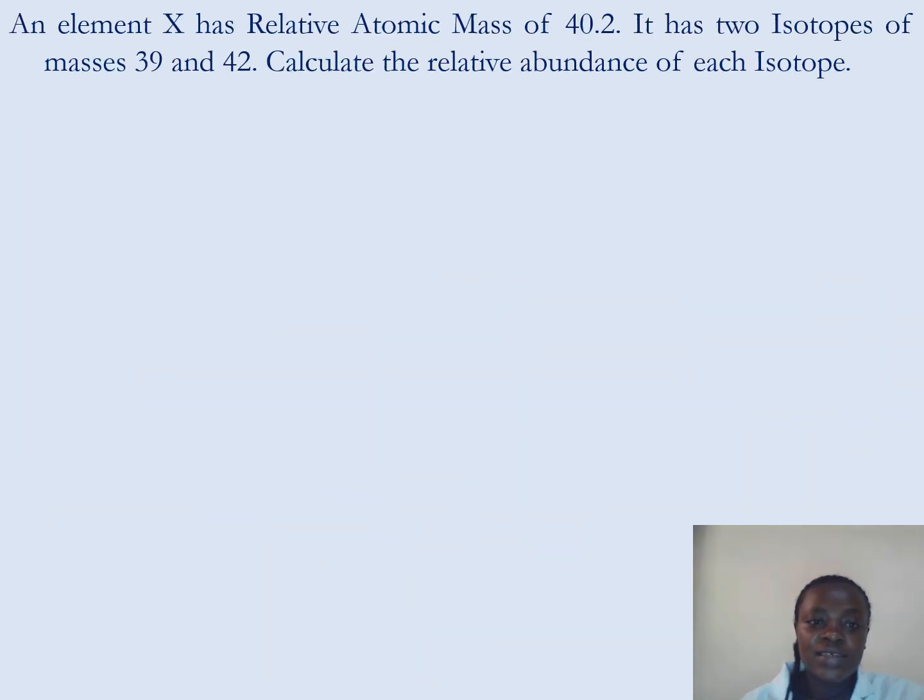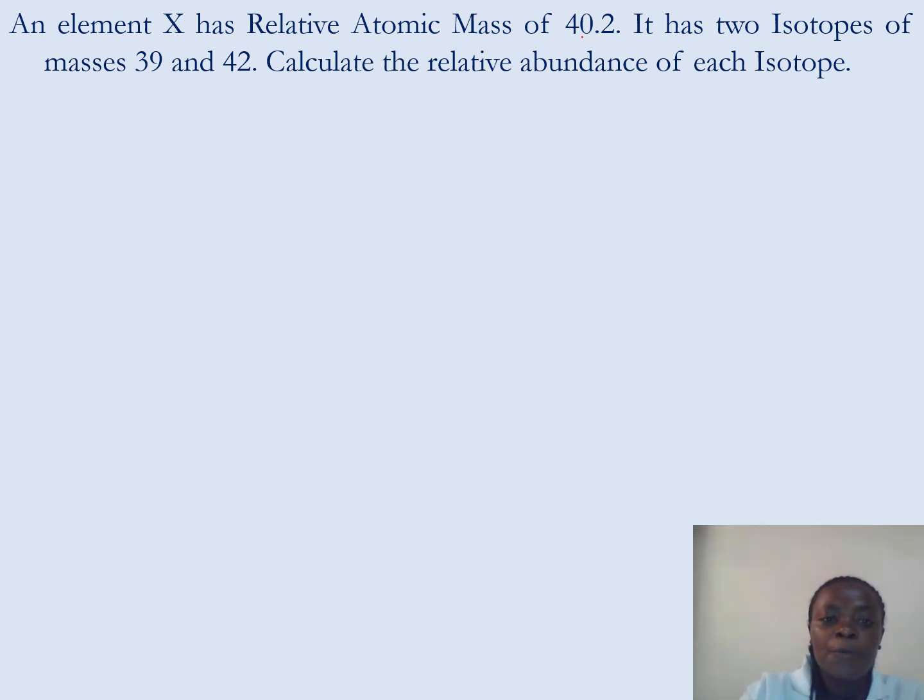We look at the next example. An element X has a relative atomic mass of 40.2. It has two isotopes of masses 39 and 42. Calculate the relative abundance of each isotope. We repeat the same procedure.